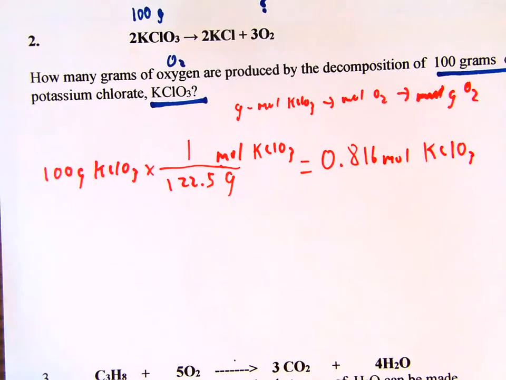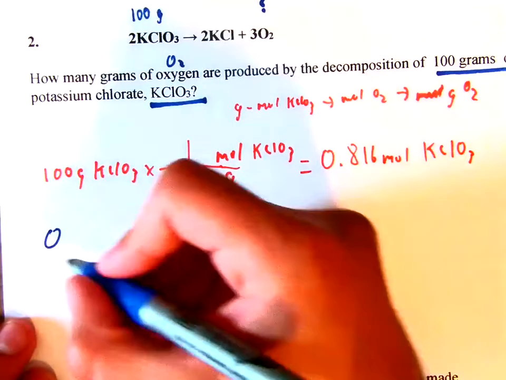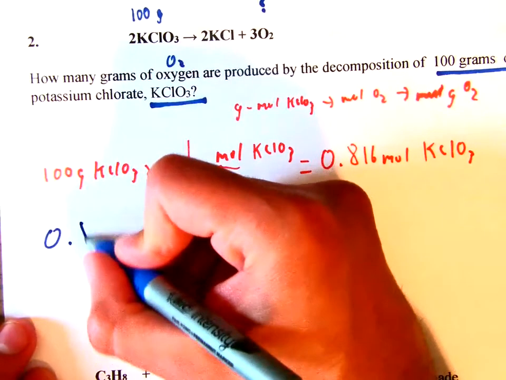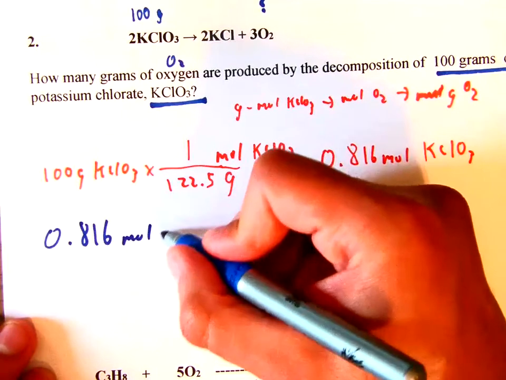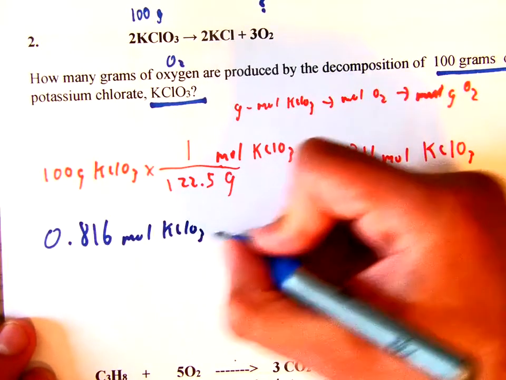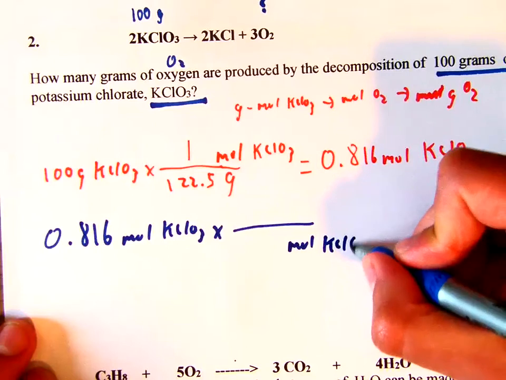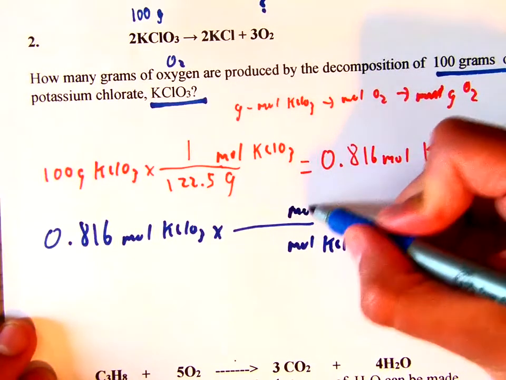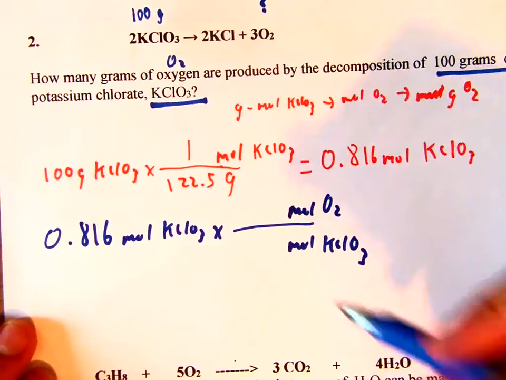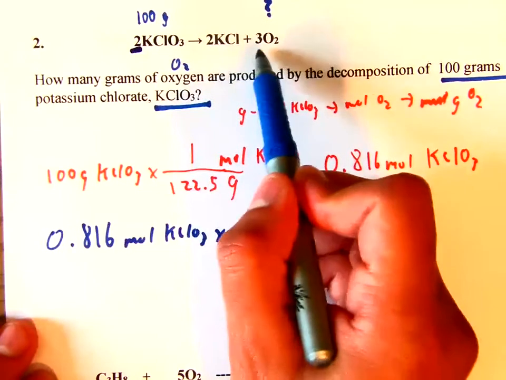Now we have to turn that into moles of oxygen. So I'm going to bring this down here. 0.816 moles of KClO3 times moles of KClO3 in the bottom, because that's what I want to get rid of. What do I want? I'm looking for oxygen, so moles of oxygen go on top. Now we have to look at the equation. For every 2 moles of this, I get 3 moles of that.